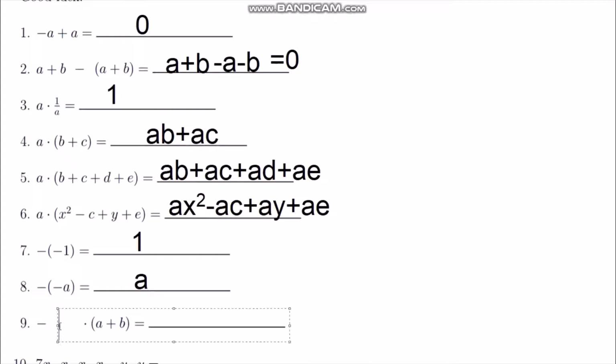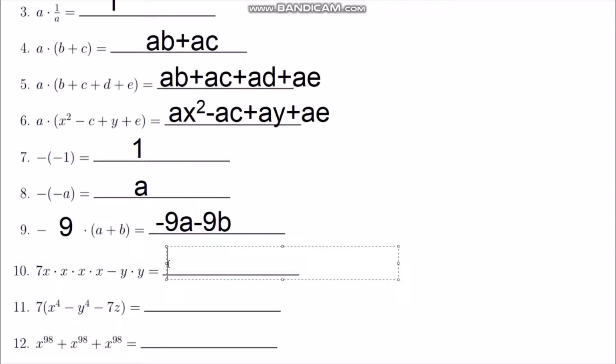So let's get rid of that. Let's put that there. So we have minus 9 times a plus b. And from earlier, we do the same thing in distributive property. Minus 9 times a is minus 9a. Minus 9 times b is minus 9b. So that's that one.